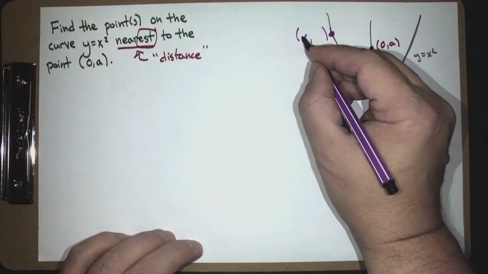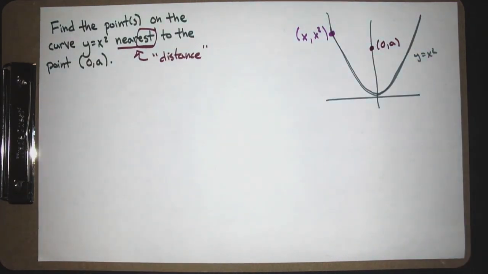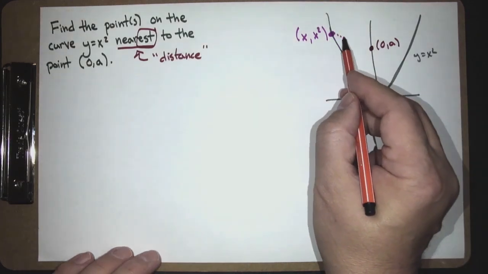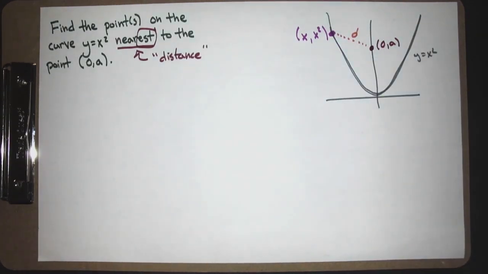They look like x, comma x squared. That's our point. All right. Well, what's the distance? How do you find the distance between the point x, comma x squared and 0, comma a? Now, keep in mind, while we don't know what a is, treat it like a number. So what's our distance?